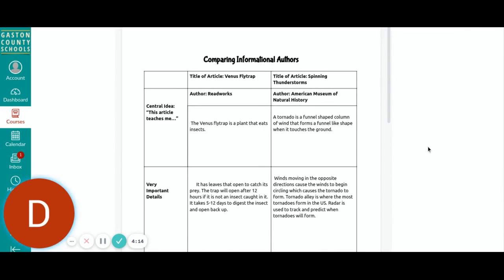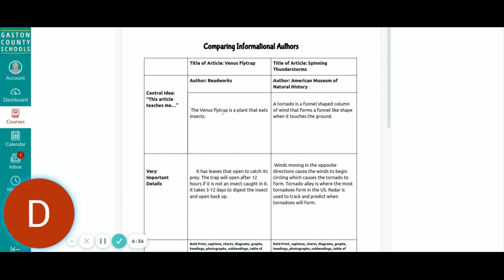So I did an example of what this would look like with our 2 articles up above. All right, so I have the title of the article on each. The author is on each. So it says the author of Venus flytrap is ReadWorks. The author of the Spinning Thunderstorms is the American Museum of Natural History. So first, I'm going to put down the central idea. All right.